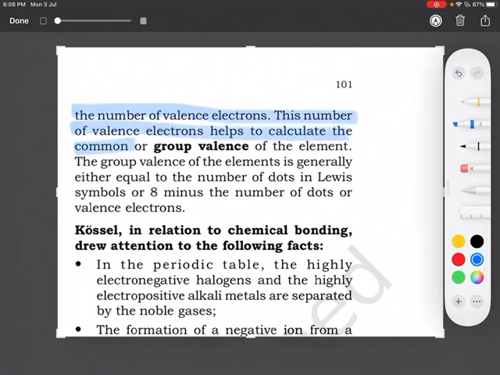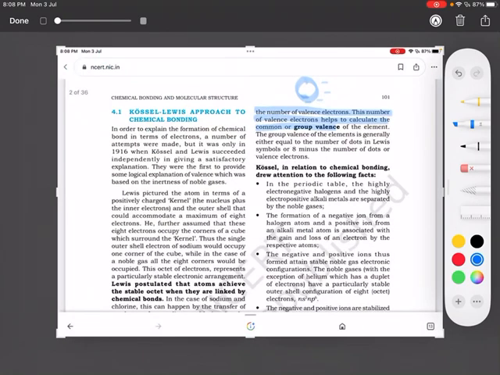These valence electrons help in finding the valency of the element. The group valency of the element is generally either equal to the number of dots in the Lewis symbol or 8 minus that number. Lewis, in relation to chemical bonding, drew attention to the following facts. So what are the facts?